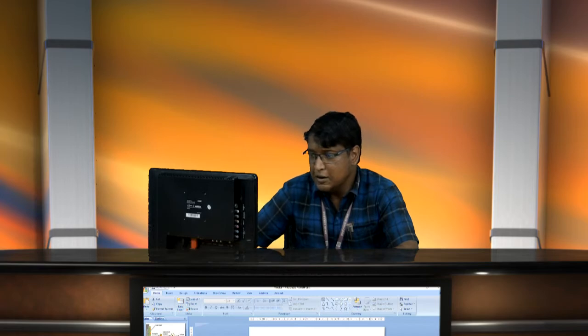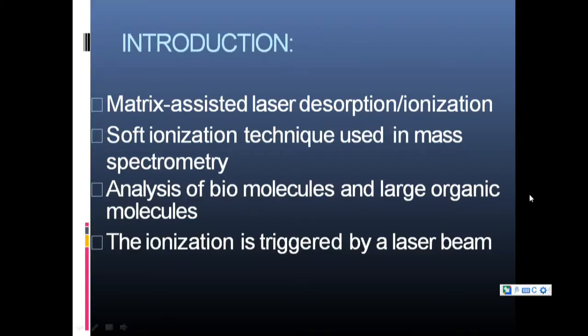Well, the slide I showed you just before is the MALDI plate. We'll move on to the theory session. It is a soft ionization procedure in mass spectrometry. As I told you, MALDI is an example of a soft ionization procedure.